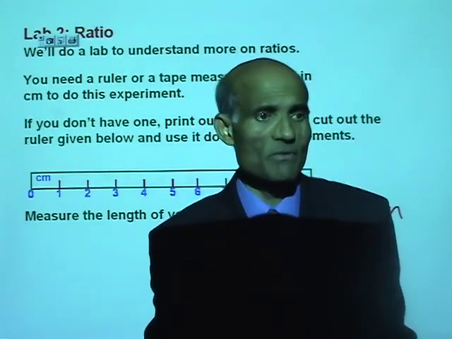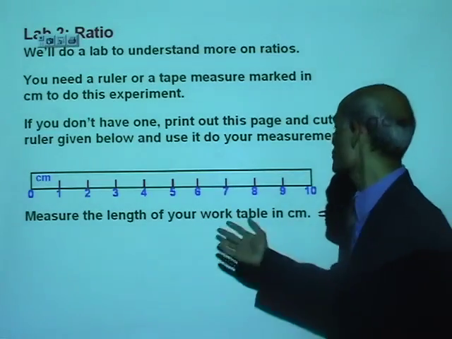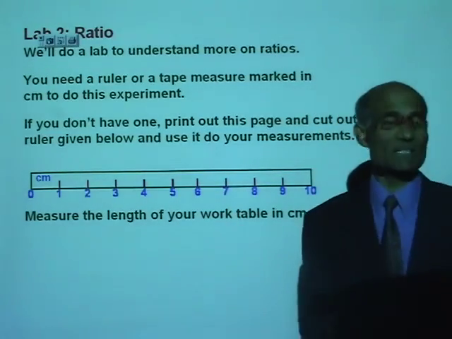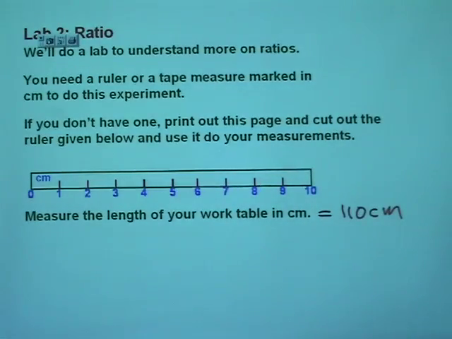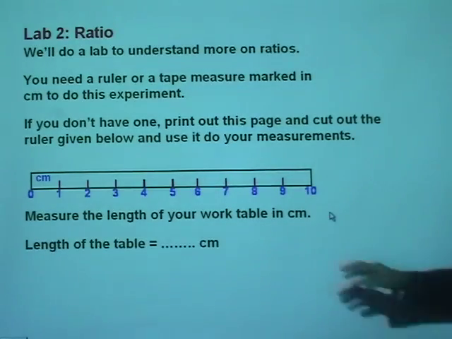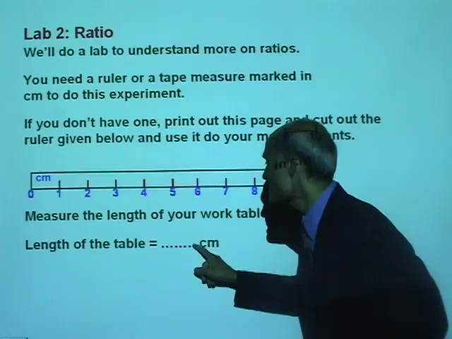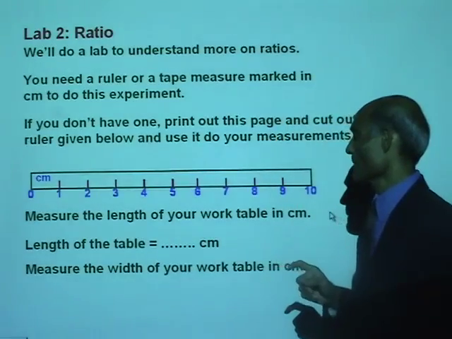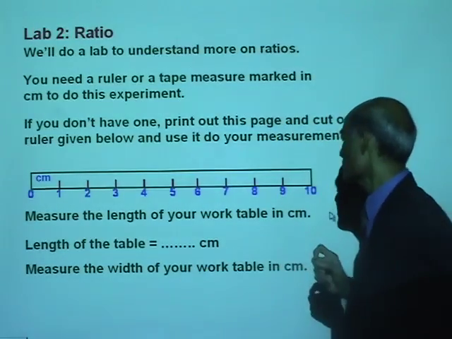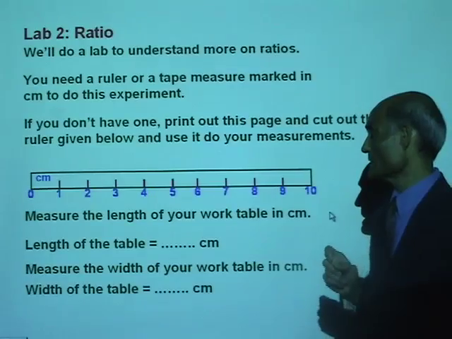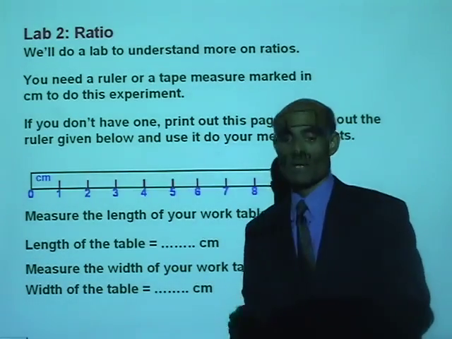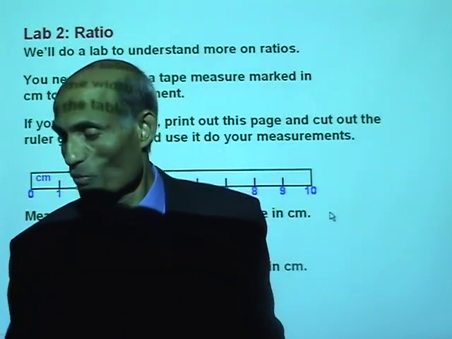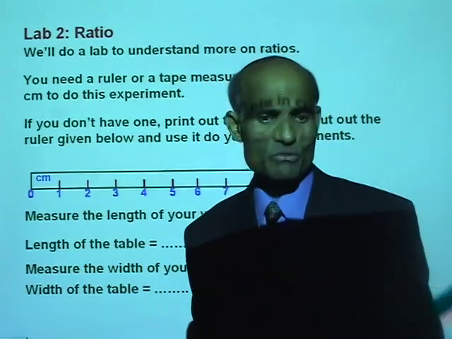So, you have the length of the work table, write that in centimeter. What is the next thing to do? Measure the width of your table in centimeter and write that here. And I'm going to measure the width of my table using this ruler.